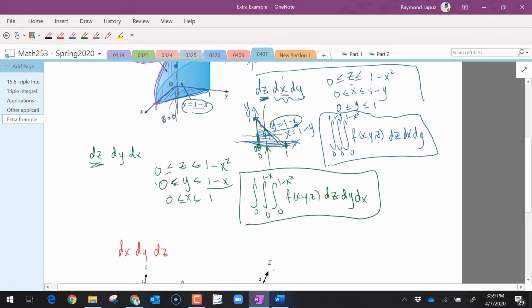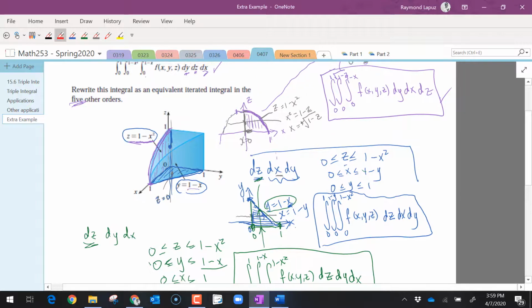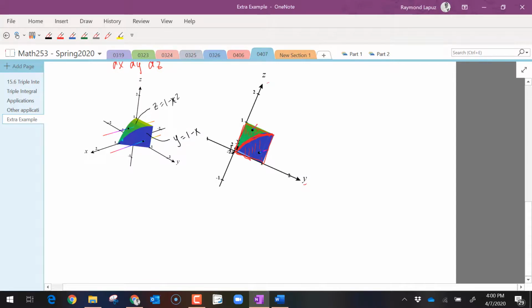And it looks like it's the intersection between these two graphs. Now, how can we make them intersect? Let me write down these two functions over here. I want it in terms of y and z, so maybe I can solve for x here. x equals 1 minus y, and then I'll put that in here. z is equal to 1 minus x squared, so that's 1 minus (1 minus y) squared.